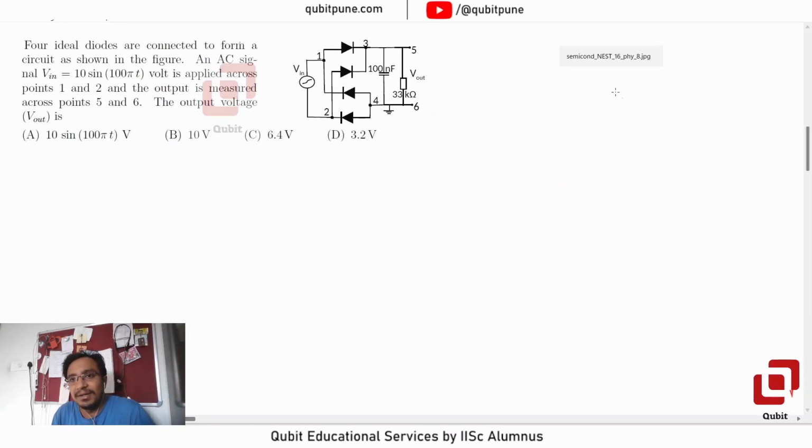This is from Semiconductors, NEST 2016, question number 8. Four ideal diodes are connected to form a circuit as shown in the figure.